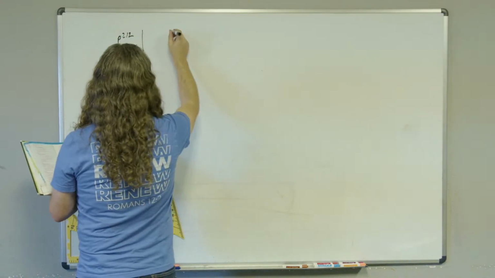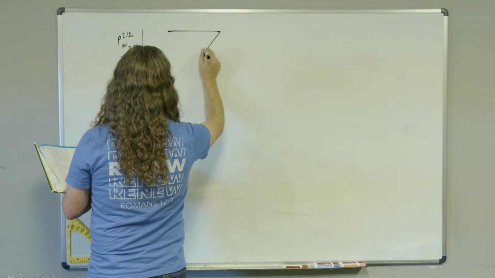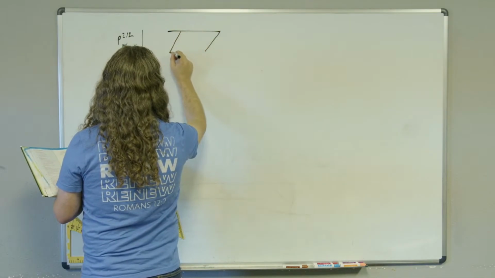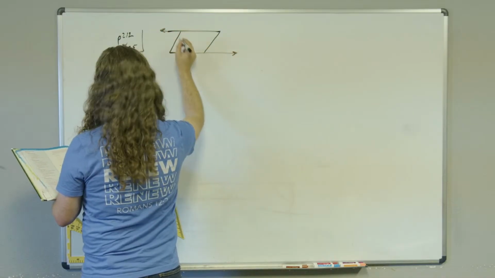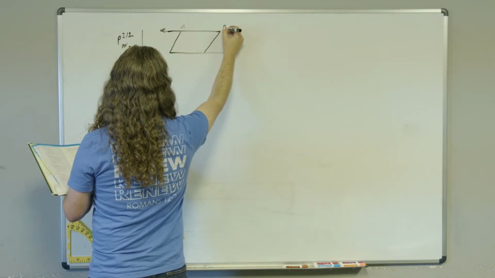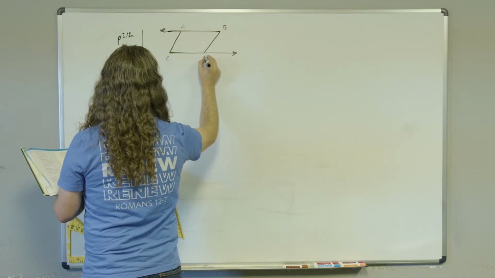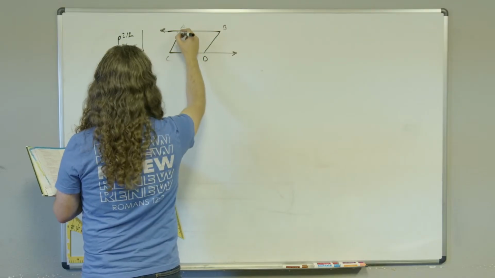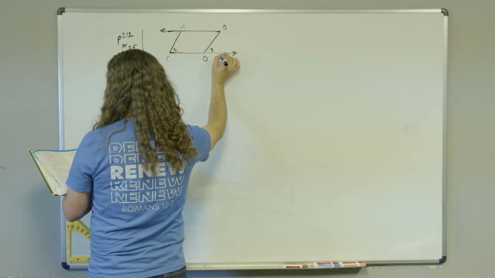So in it, we're given the following picture of what looks like a parallelogram with a couple of lines coming out of it, labeled A, B, C, and D. And this is 1, 2, and 3.